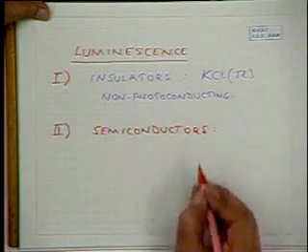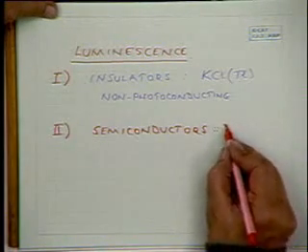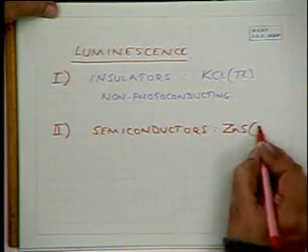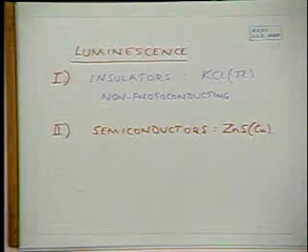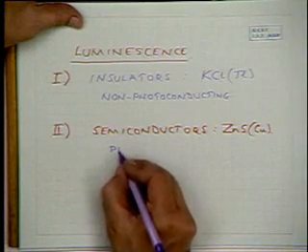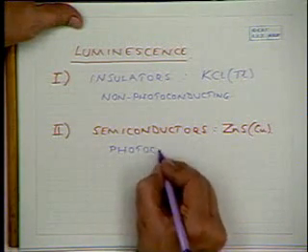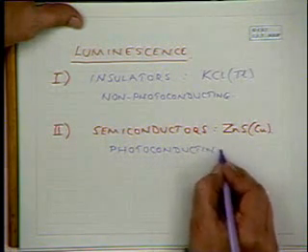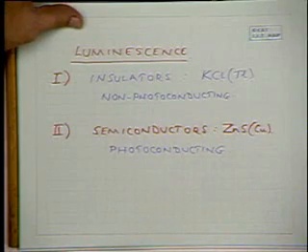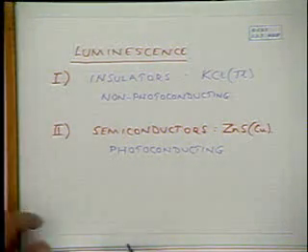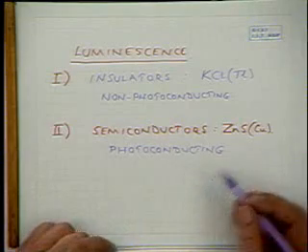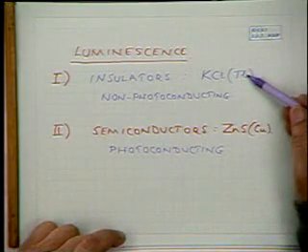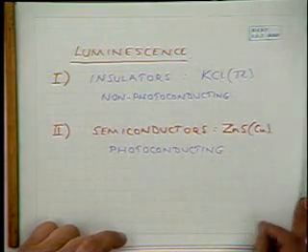A very well-known example, historically one of the first to be discovered, is zinc sulfide doped with copper. And these simultaneously show photoconduction. In both these cases, notice that there are impurities which are involved, say thallium in the case of potassium chloride and copper in the case of zinc sulfide.